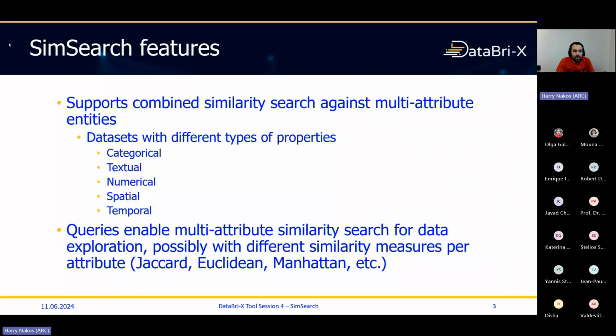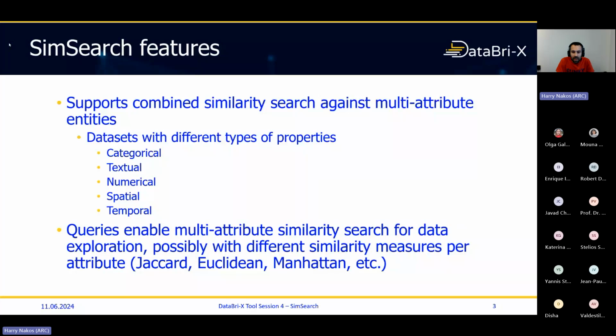SimSearch supports combined similarity search against entities that have multiple attributes. The types of attributes that are supported can be categorical, textual, numerical, spatial, and temporal.